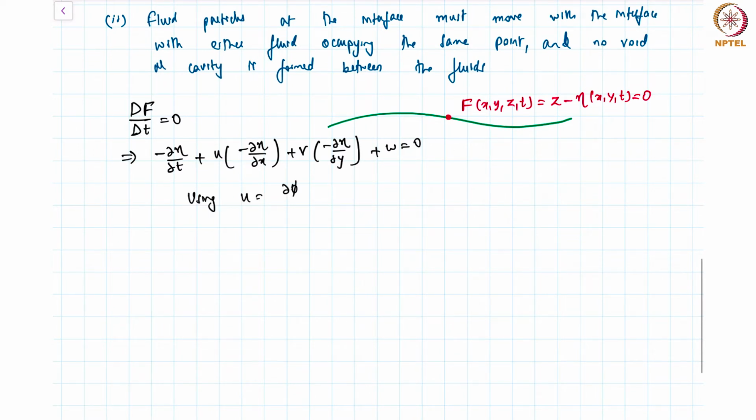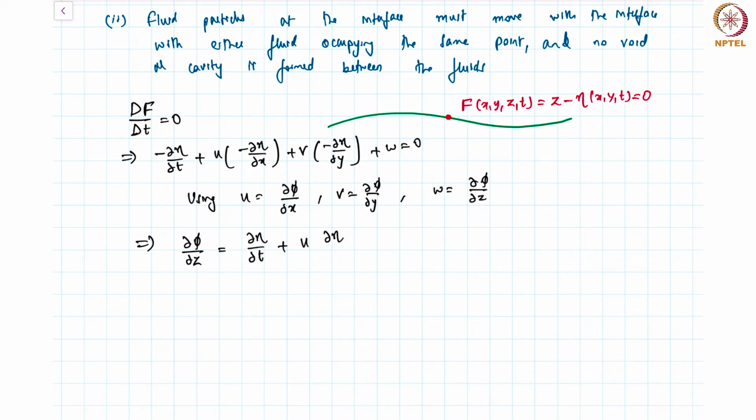Using u equals del phi by del x, v equals del phi by del y, and w equals del phi by del z, remember u was just the gradient of the scalar, I substitute in the previous relation: del eta by del t plus del phi by del x times del eta by del x plus del phi by del y times del eta by del y equals del phi by del z, and this is at z equals eta.